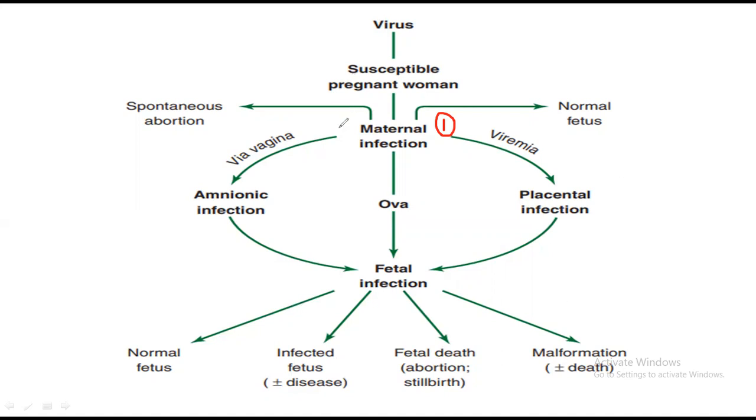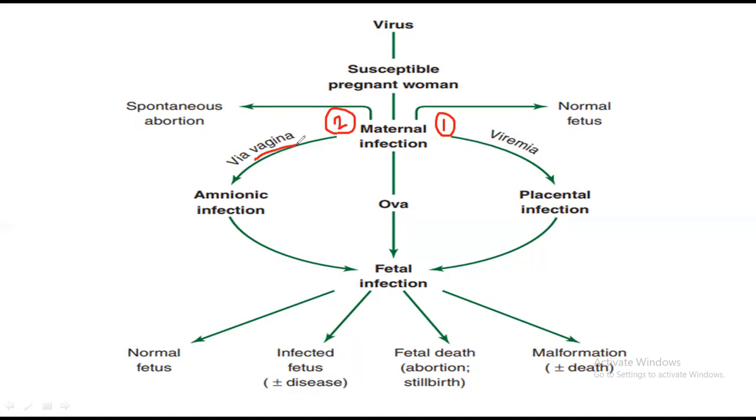The second condition is via the vagina. Via the vagina there are certain UTIs, urinary tract infections, that are just because of bacteria. I'm not talking about that, but the virus can also enter through the vagina. So keep in mind that if a mother is pregnant, she should take care of her cleanliness and avoid unhealthy activities.